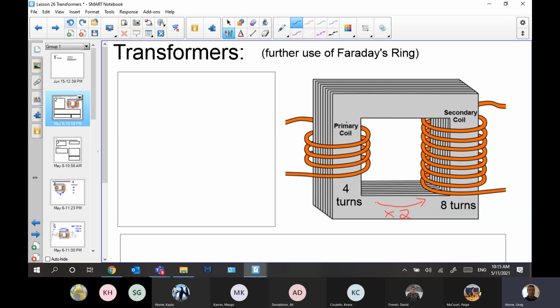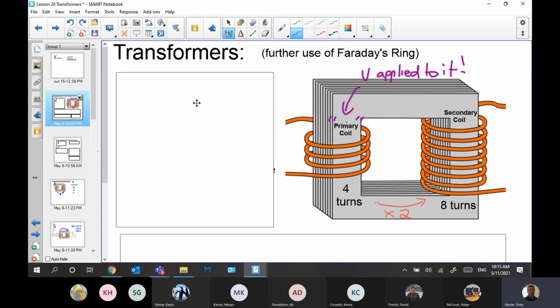Let's go with something a little more visible, like the purple. In quotes, really, I'm just saying that's the one with the applied voltage. I can't really say anything about the secondary coil yet because I have to talk about it.